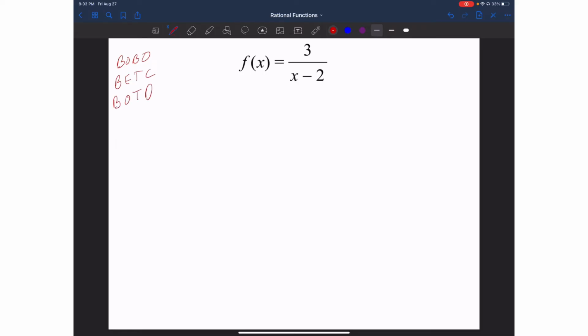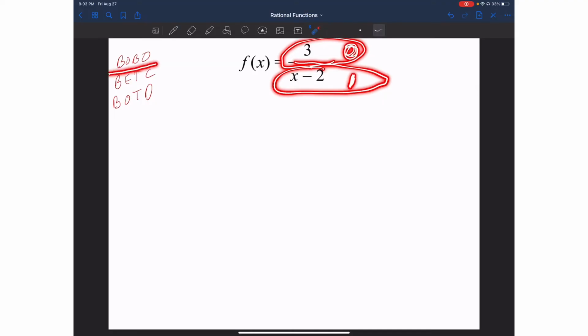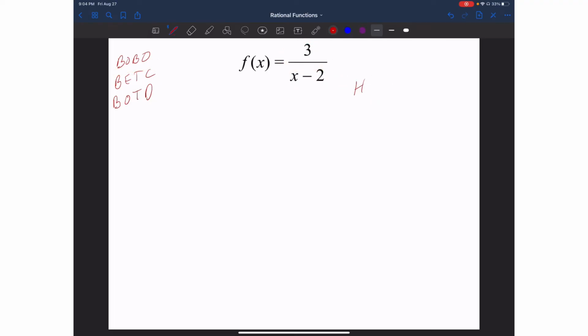So in this particular example, looking at the degree, in my numerator it is 0, the degree in my denominator is 1. So I'm going to be using the Bubble rule, because my degree is bigger on the bottom. So I know for my horizontal asymptote, my answer is going to be y equals 0.